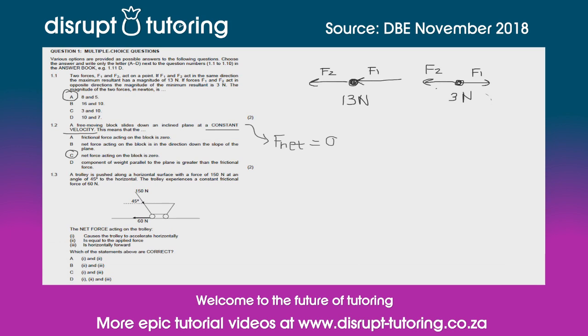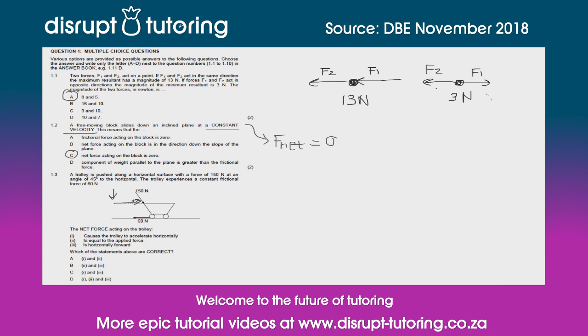So if we think about this problem here, will it cause the trolley to accelerate horizontally? Yes, absolutely. Because you can see that this 150 newtons has some sort of force in that direction and that direction.